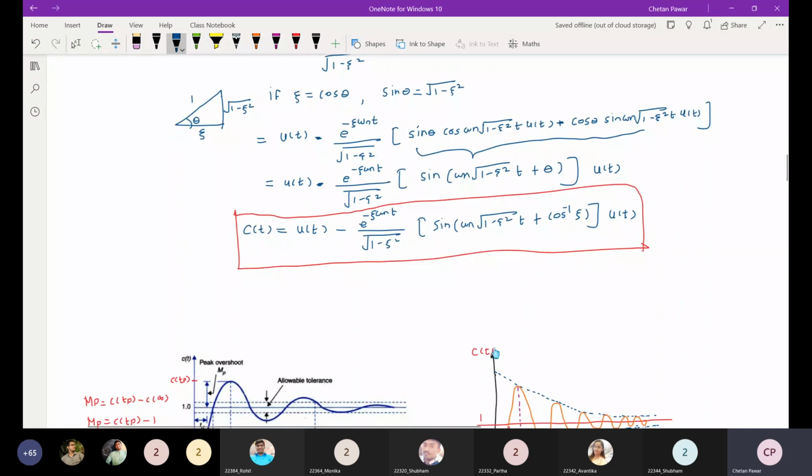Here you can represent this equation in terms of the damping frequency also. This is cos inverse theta only, right?